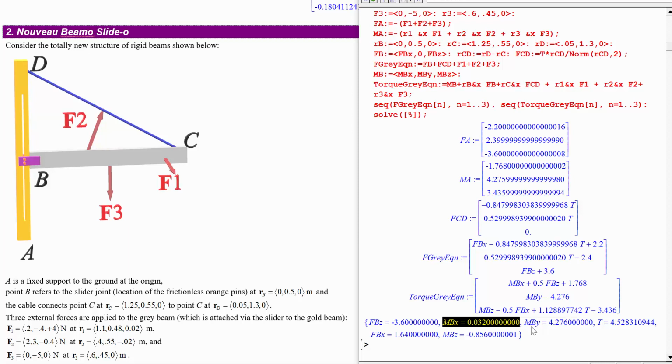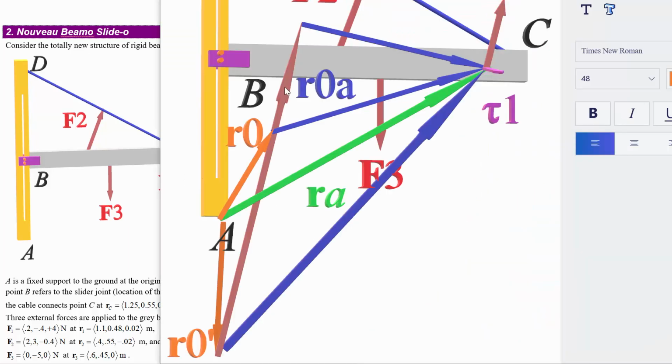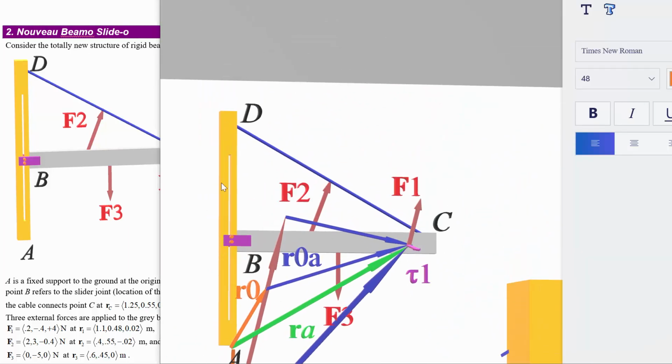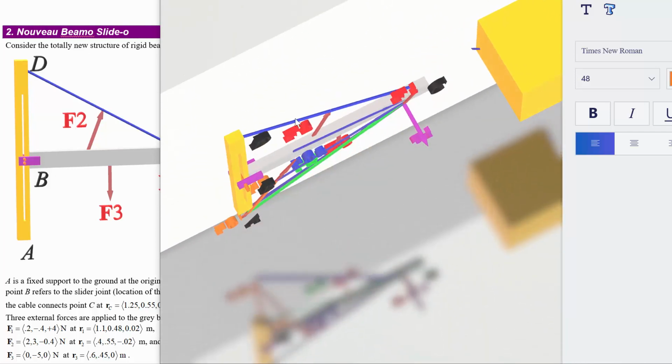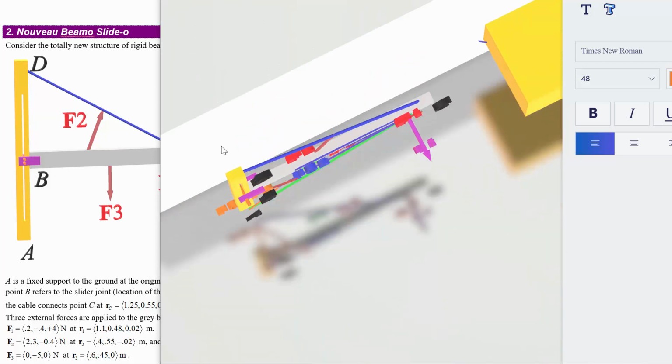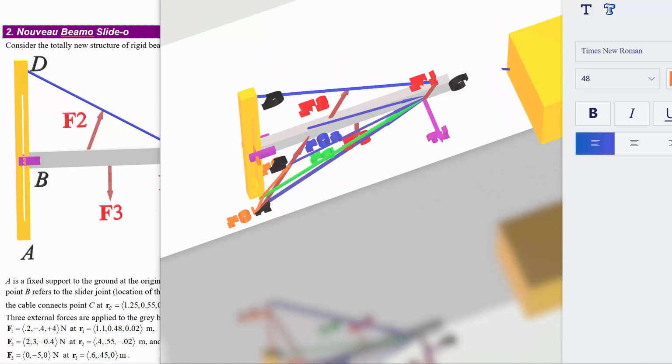What about MBY? The MBY is the moment pointing up this way. That'd be spinning. Let's get the 3D thing back. The moment pointing up there is for spinning like this, right? About that y-axis, which is the up and down one. Okay, so we have what?